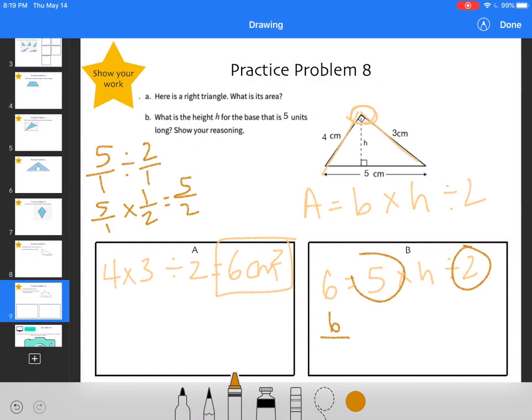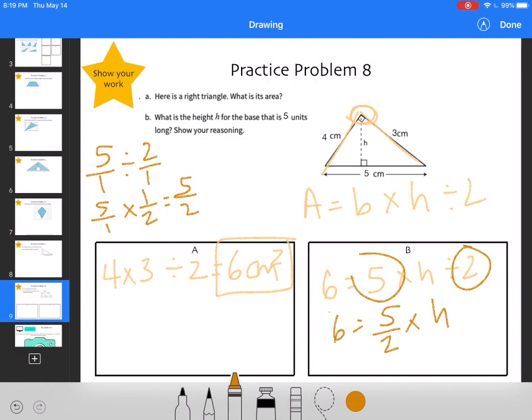So 6 equals 5 over 2 times h. Now I'm going to play it just like I did the last one, and I'm going to try and get 2 as a denominator here to kind of help myself out. So even though I'm making this an improper fraction, I want to somehow get 2 on the bottom.